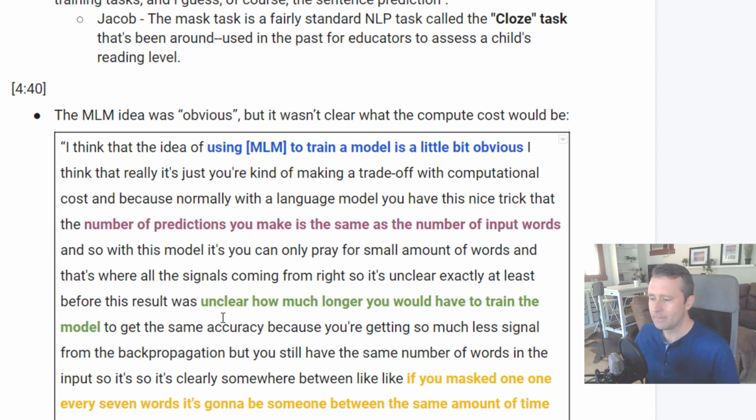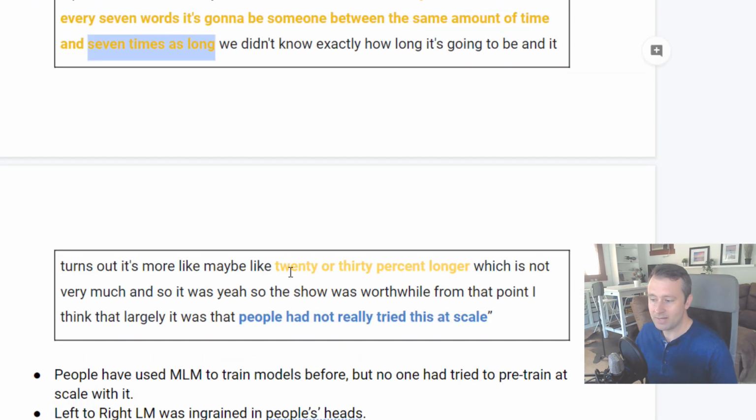And if you're doing MLM and you're only masking, like, 1 in 7 words, then it's not clear how much longer you're going to have to train the model in order to get good results. It could be as much as 7 times as long. But they found out that it's actually more like 20 or 30% longer, not 7 times.